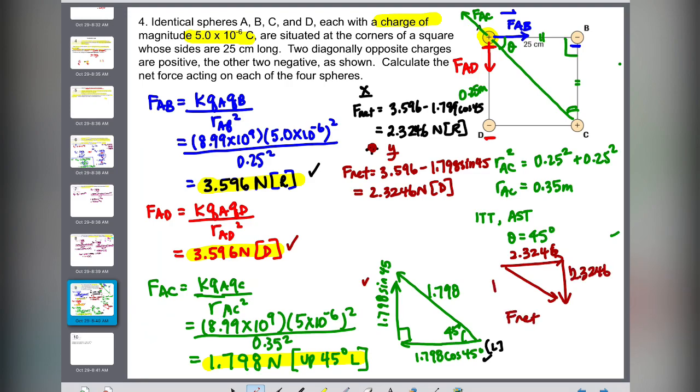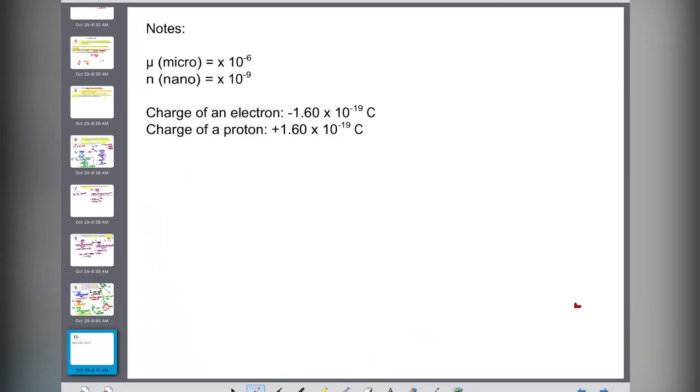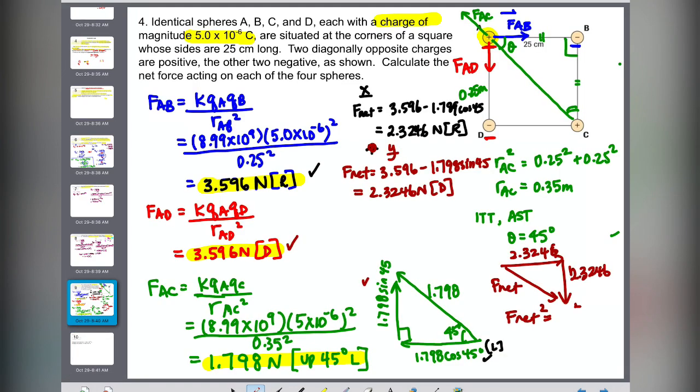So finally, this is my F net. So Pythagorean theorem, and I need to figure out what the angle is. So 2.3246 squared, adding the square, times 2, take the root, so 3.3 newtons.